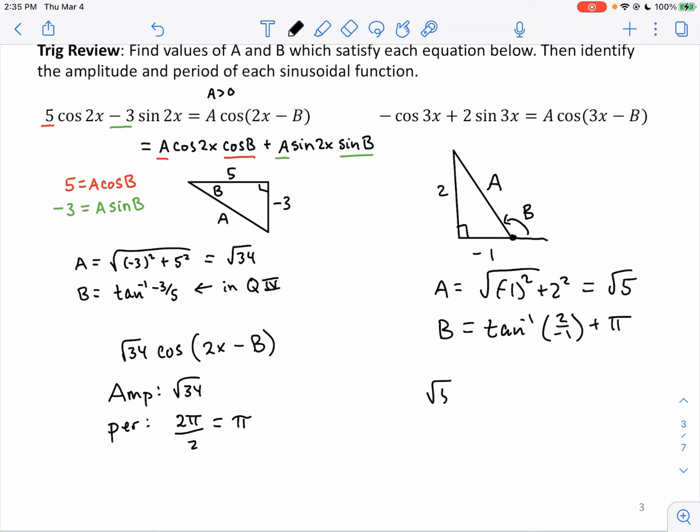Anyway, so we can rewrite this as radical 5 times the cosine of 3x minus b, whatever b is. And the amplitude of this will be radical 5. And the period will be 2 pi divided by the coefficient of x, which is 3. So 2 pi thirds will be the period.